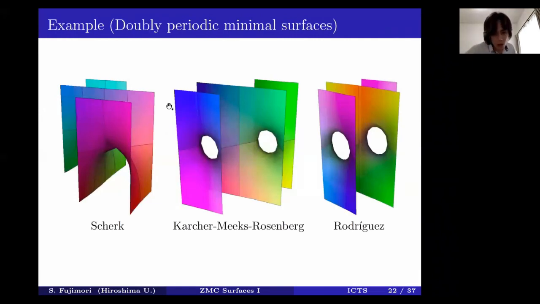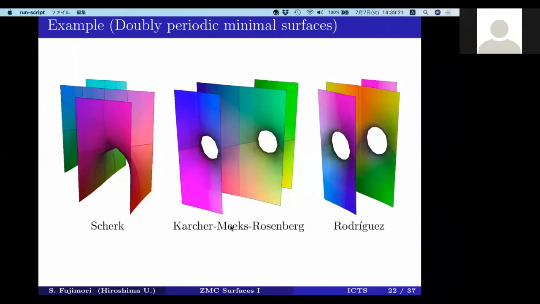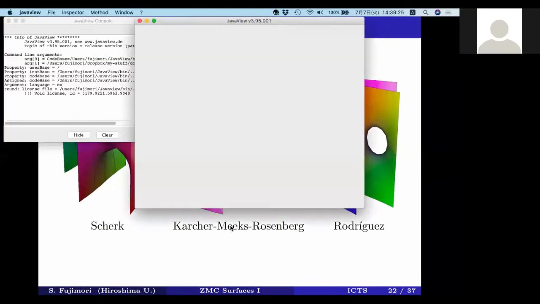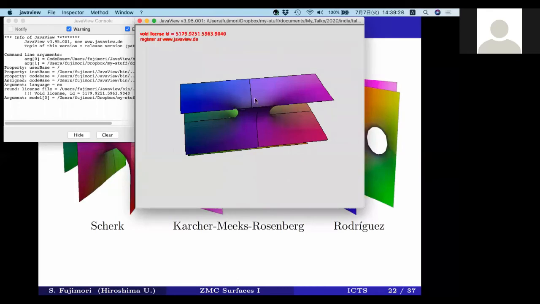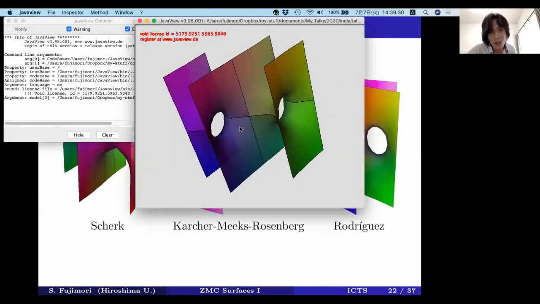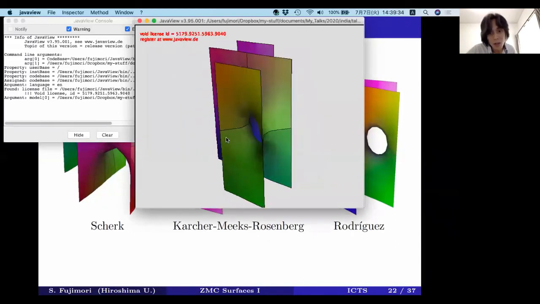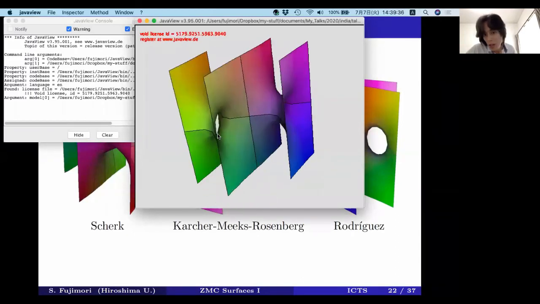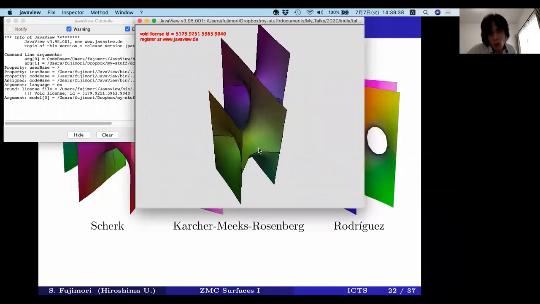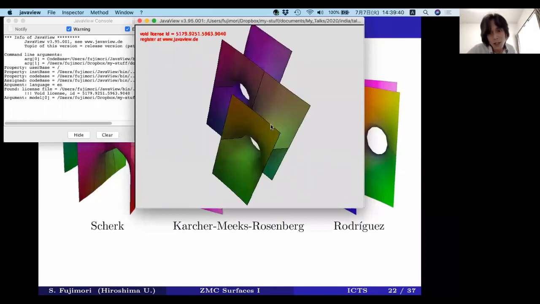Here we also have doubly periodic minimal surfaces. For example, this is called the Karcher–Meeks–Rosenberg surface. Topologically this is a torus minus 4 points.